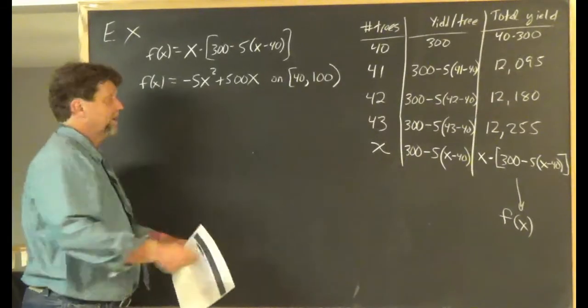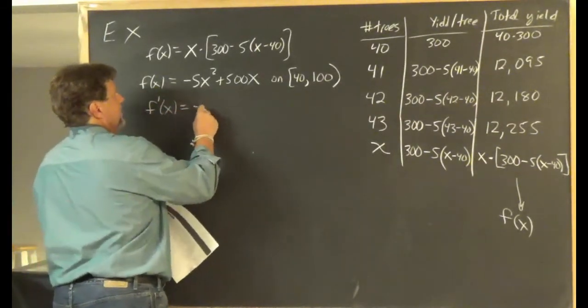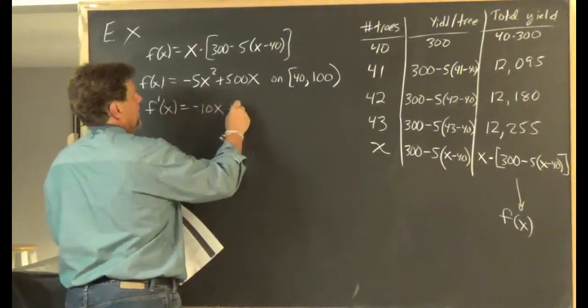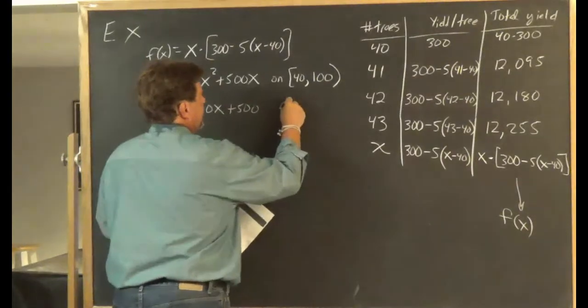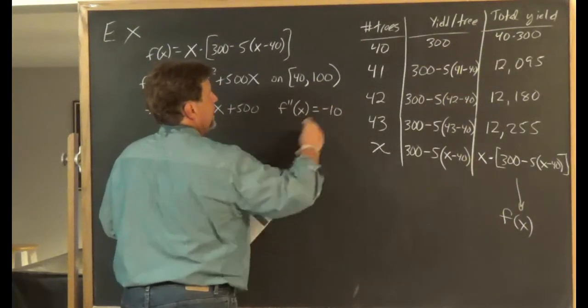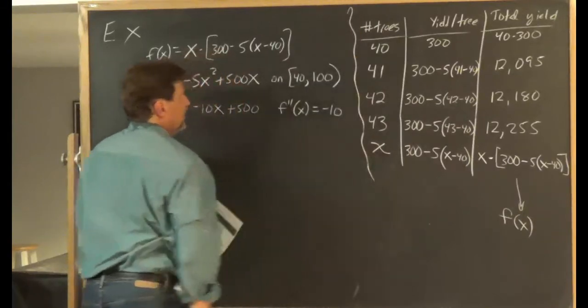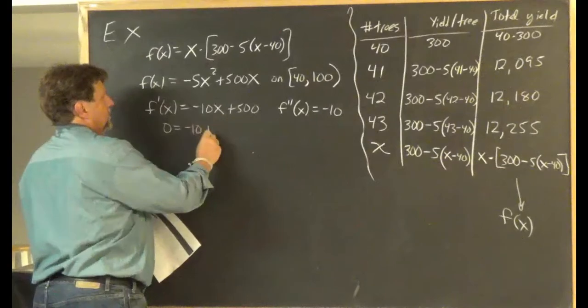So we better get the derivative. So here the derivative is negative 10x plus 500. While I'm here, I might as well write down what the second derivative is. It's just negative 10. That was pretty easy. Set the derivative equal to 0.